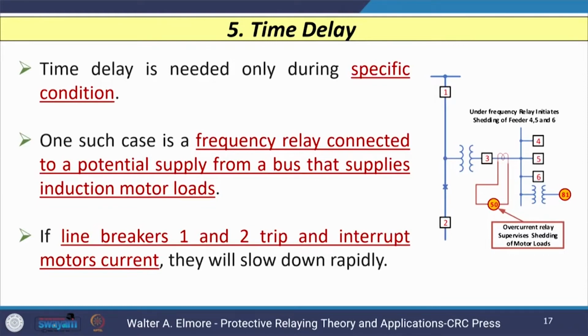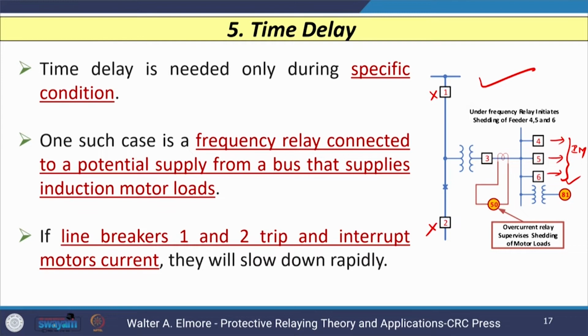For example, one such situation we can consider using this diagram where the frequency relay is connected. You can see that 81 is my frequency relay, which is connected on the secondary of the PT, and that is going to supply motor loads. Here you can see that these are induction motor loads. Now, because of some reason, let us say circuit breaker 1 and circuit breaker 2 both trip.